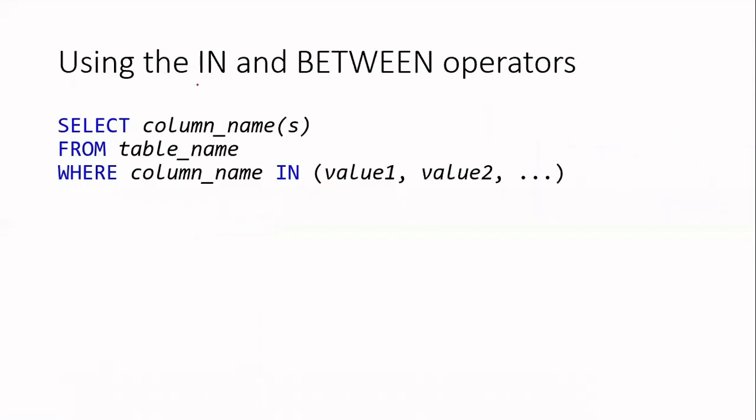Let's now look at how we could use in and between operators. Here we use the select from where the field is in, and we define a particular set with the values that we want to check within the set. Some examples.